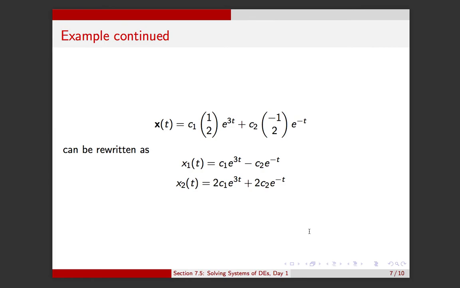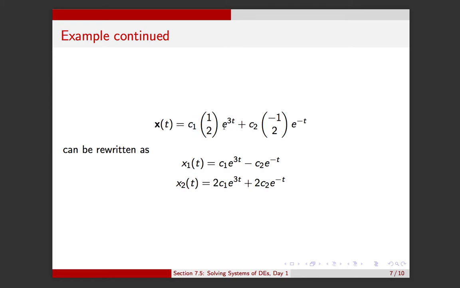Now you may be expected to translate from the vector notation or the matrix notation back to just normal, regular notation. So let me just show you how that goes. This is just a more compact way of writing two separate solutions, because vector x has a top coordinate and a bottom coordinate. Its top coordinate is x1, its bottom coordinate is x2. So to get x1, which is the top coordinate of vector x, just read across the top coordinates of this.